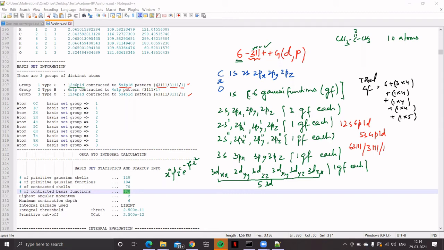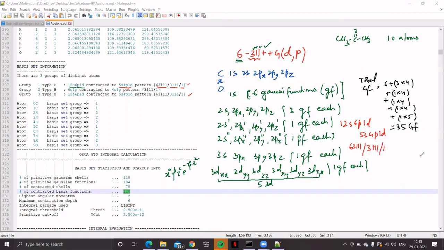So if you count that, it will be 6 plus 12 plus 4 plus 4 plus 4. So that is 12 plus 12, 24 plus 6, 30 plus 5, 35. So we have 35 Gaussian functions per carbon atom and per oxygen atom.